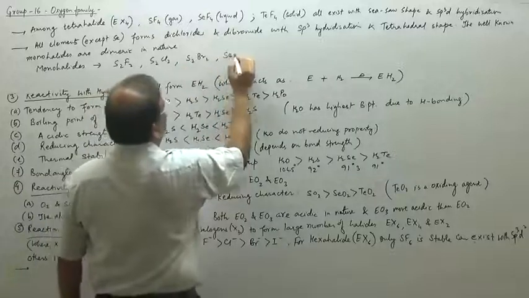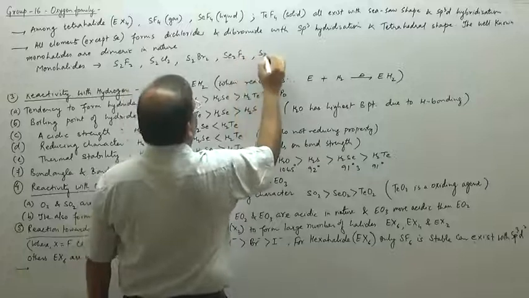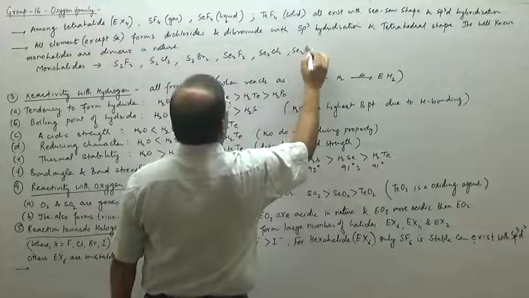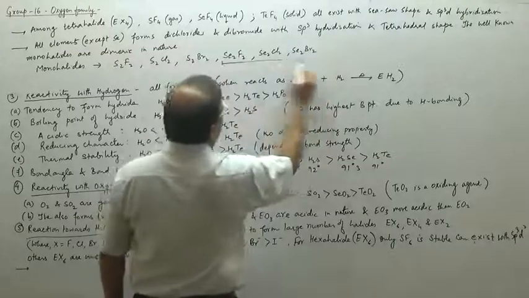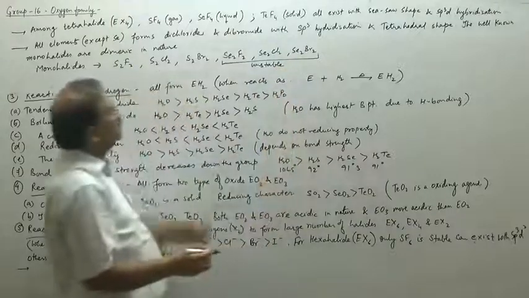Then you can write Se2Cl2, Se2F2, Se2Br2, like that. But these are unstable. We have written that they are unstable.